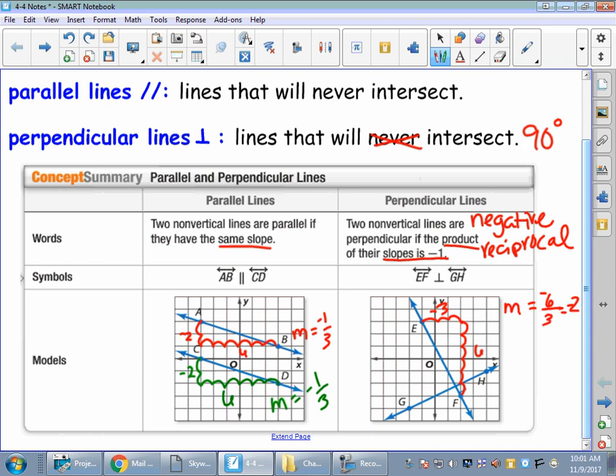So the perpendicular slope would flip the sign, so it should be positive, and flip the 2 into a half. So when I look at the slope from G to H, I'm going to rise up 1, up 2, and over 1, 2, 3, 4. Oops, I'm sorry. I went up 3, and then over 6. I didn't go up quite high enough. So that's a positive 3/6, which is a positive 1/2. So notice the slope flipped the 2 and flipped the sign.